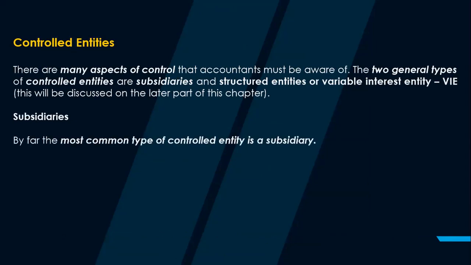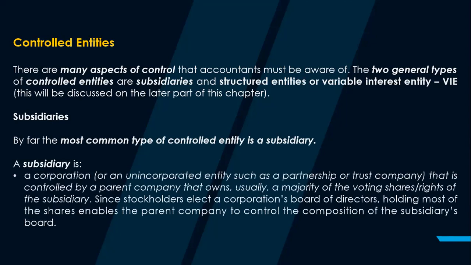Subsidiaries. By far the most common type of controlled entity is the subsidiary, a corporation or an unincorporated entity such as a partnership or trust company that is controlled by a parent company that usually owns a majority of the voting shares or rights of the subsidiary.